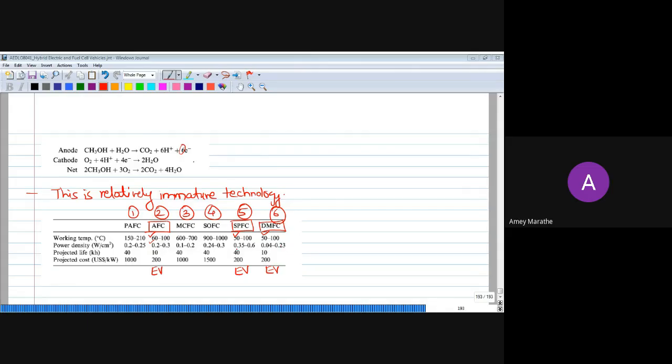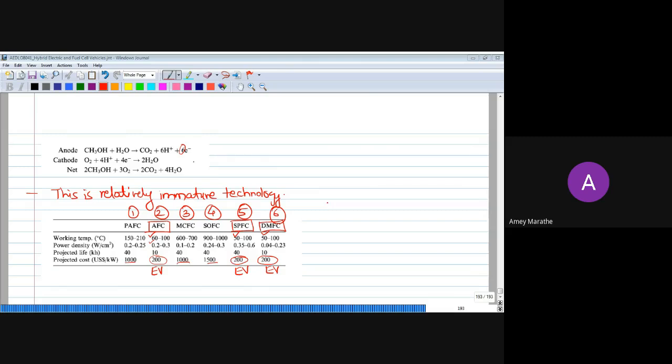But you see these two are most suitable, and economy wise as well, the cost is 1000 US dollars, 1000 US dollars, 1500 US dollars. But the alkaline is $200, and these are $200 as well. So comparatively, cost wise also, the alkaline and the polymer electrolyte membrane fuel cells are most suitable for EV applications.